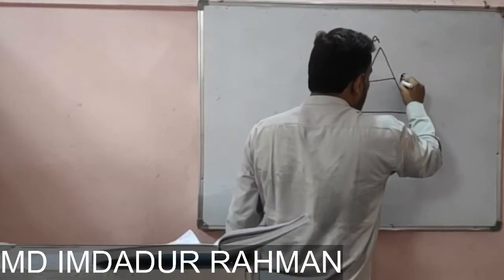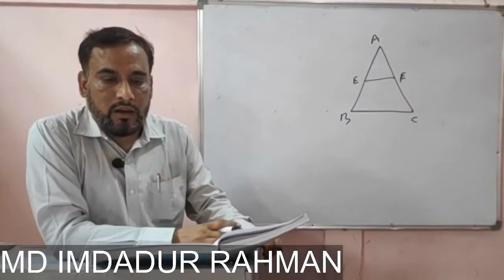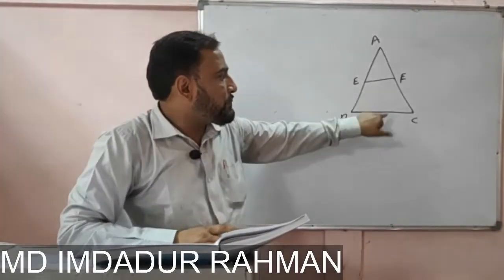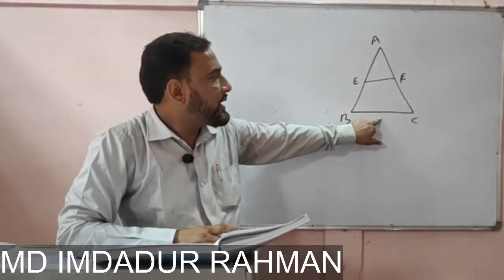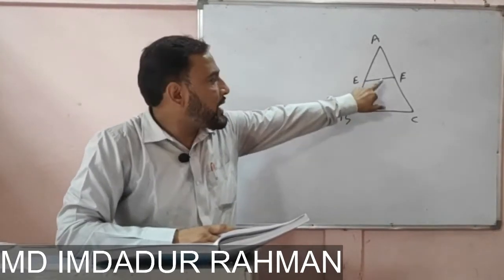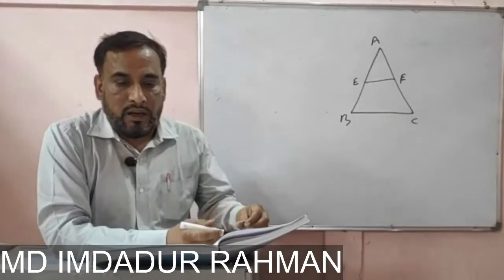If we join EF, you will say that we get EF parallel to BC and EF is equal to half of BC.